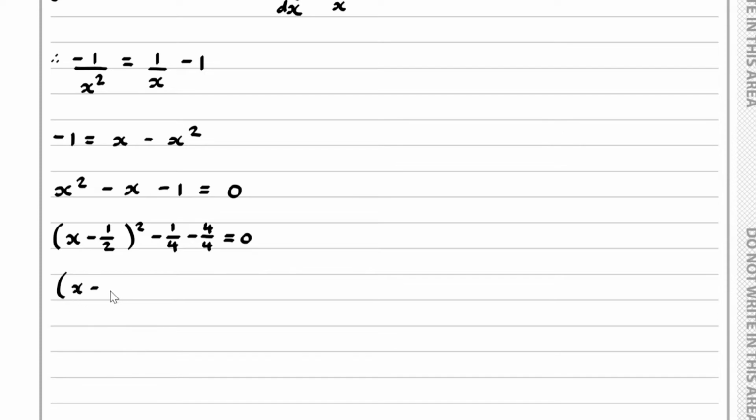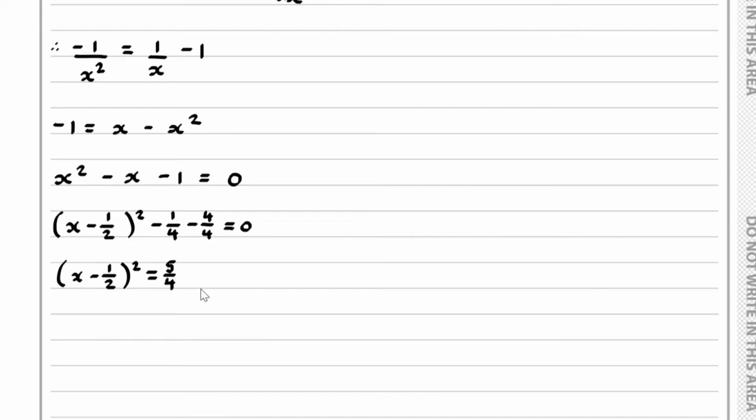So we've got x minus 1/2 squared, and here we've got minus 5/4, and if I take that over to the right hand side, I've got x minus 1/2 all squared equals 5/4.